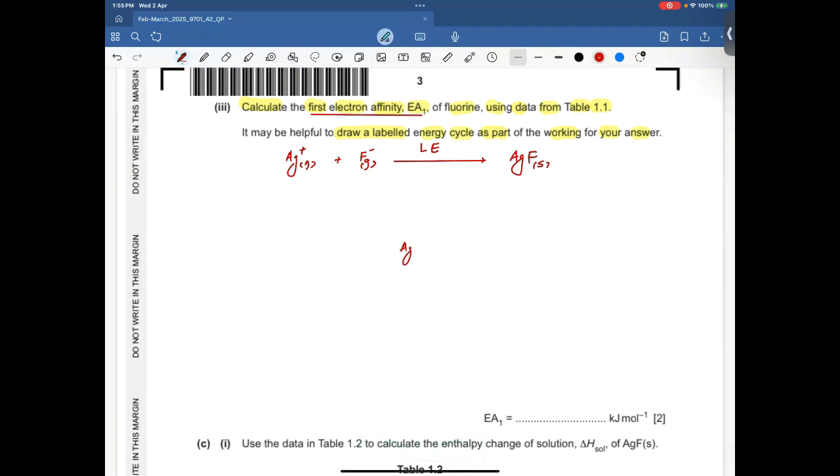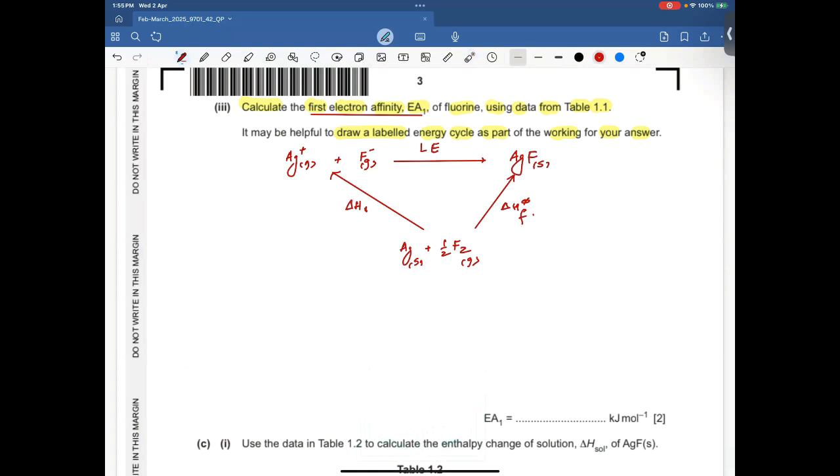Let's make formation, when silver and fluorine reacting together, converting into 1 mole of silver fluoride. So that's your standard enthalpy change of formation. Let's put half here. And by the way, this is going to be the delta H1 as per my lecture. And this delta H1 includes atomization of silver, ionization energy of silver, atomization of fluorine, and electron affinity of fluorine.